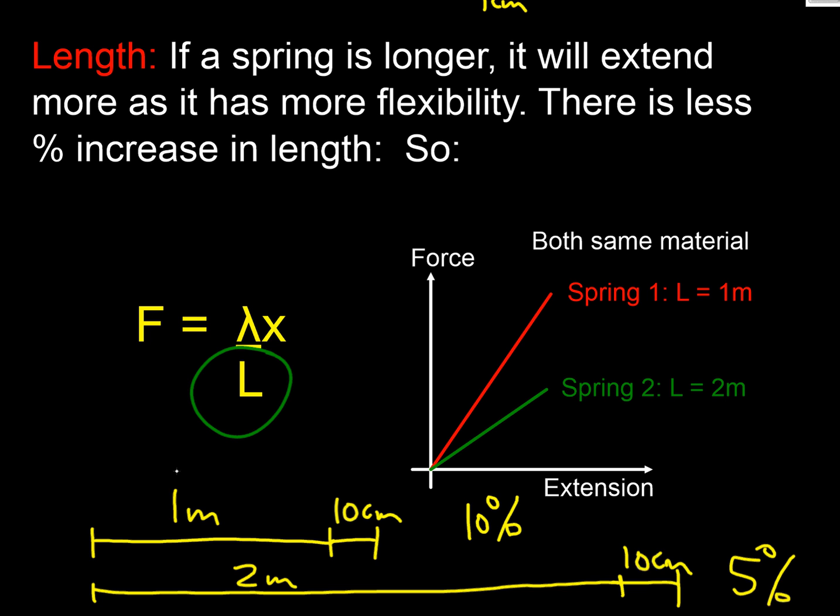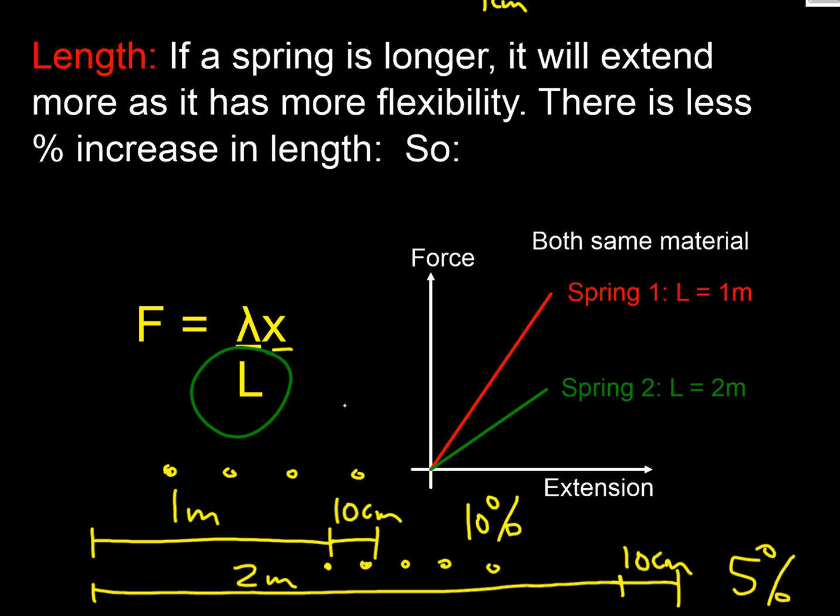So in the upper one, the atoms are getting moved further apart with this extension than in my lower one, where they're still closer together. And that's what causes force within a material, your atoms trying to hold themselves together. So if my material is longer for a particular extension x, I'm going to need to apply less force.